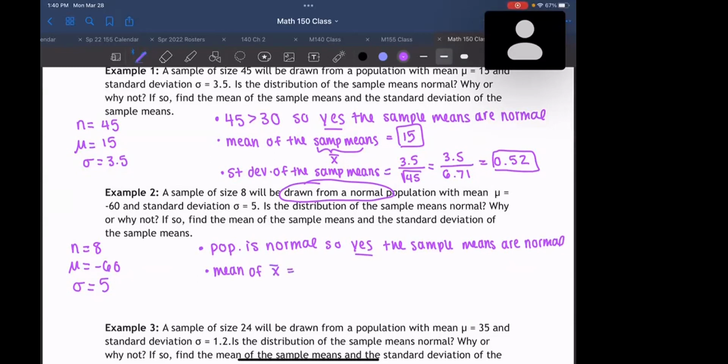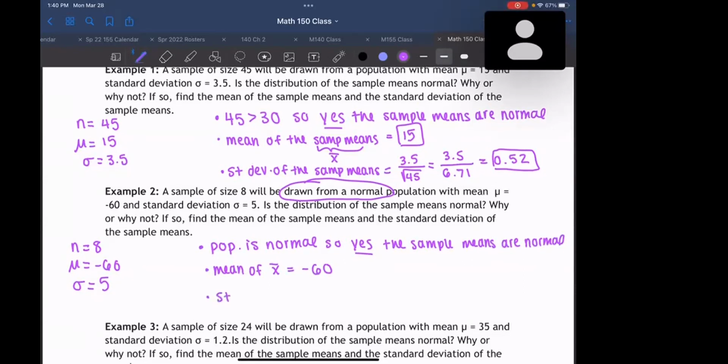Okay. What's the mean of the sample means here? Good, -60. Okay, I'm writing X bar just to write sample means a little bit shorter, okay? And how would I set up the standard deviation of the sample means here? 5/8. Awesome, 5 over the square root of 8.